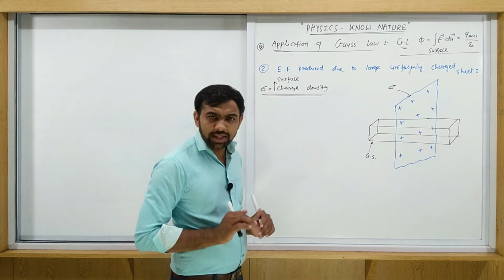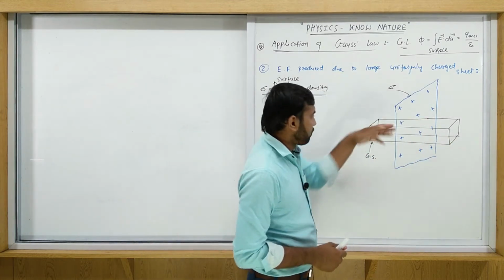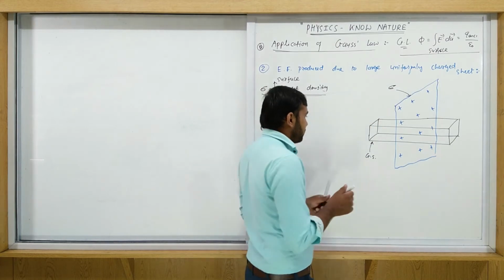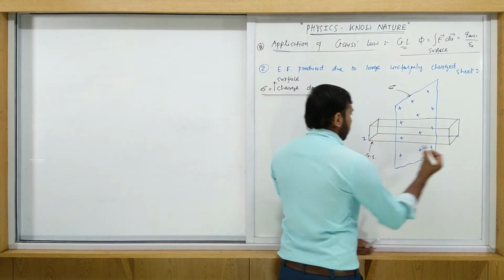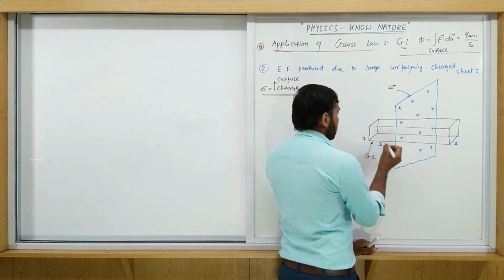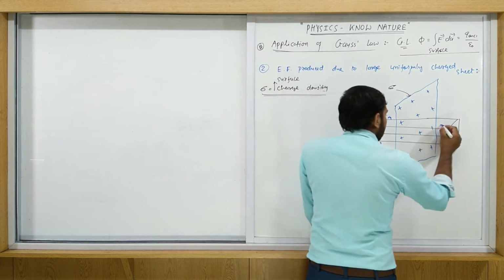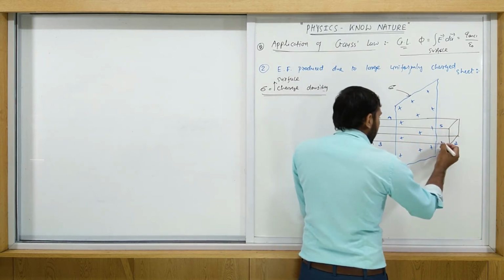Now how many faces are present here? 1, 2, 3, 4, 5 and 6. Total 6 faces. So write down: face 1, face 2, front face 3, back face 4, top face 5 and bottom face 6.